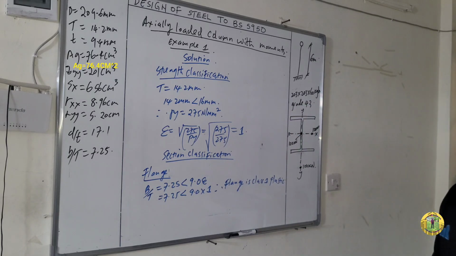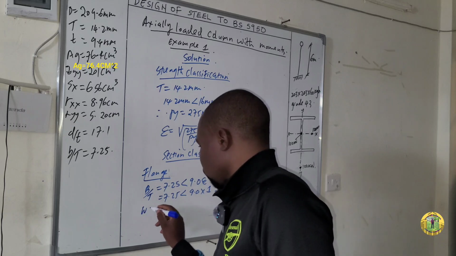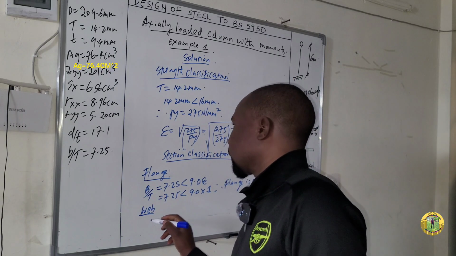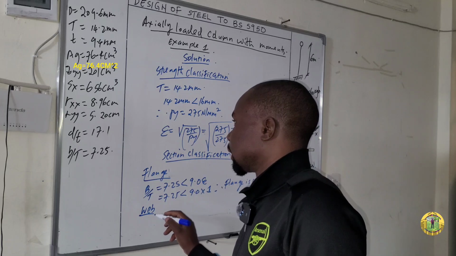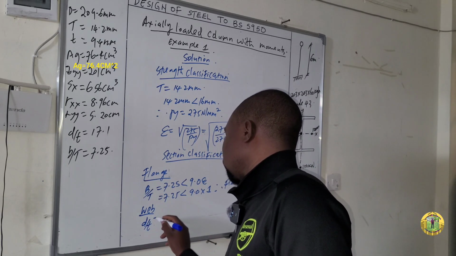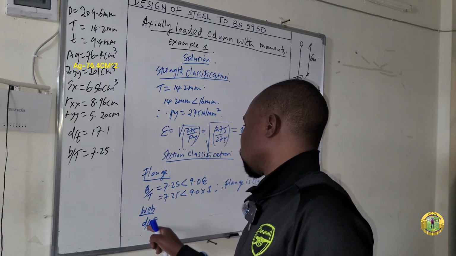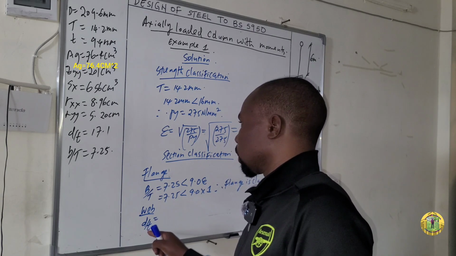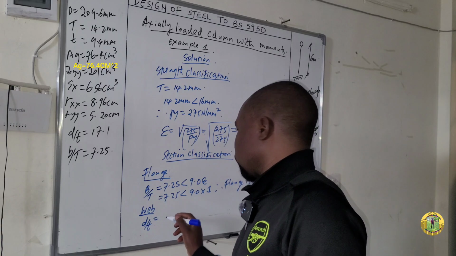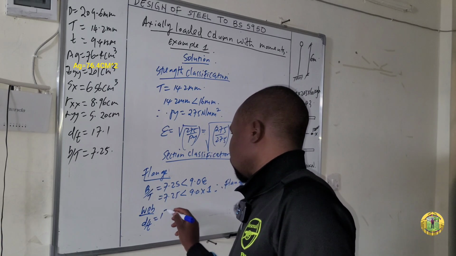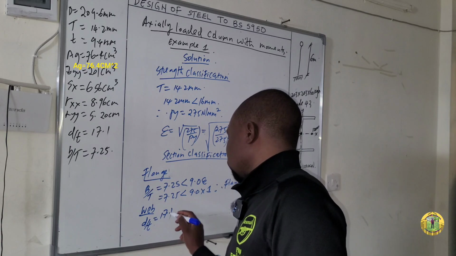We proceed to the web. For the web, we always use D over T. So this is the capital D over T, which is 17.1.